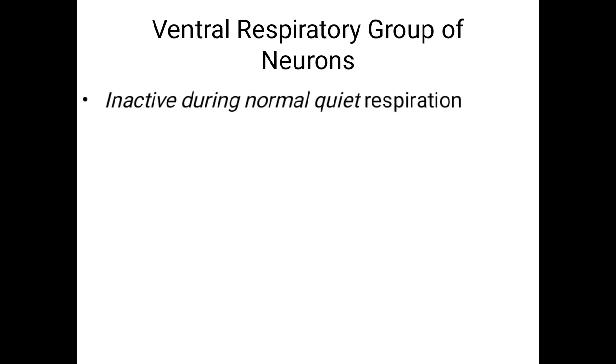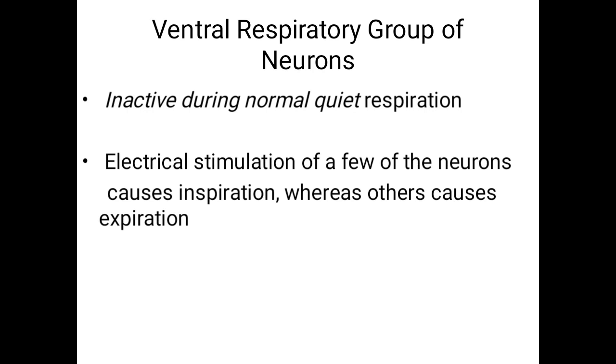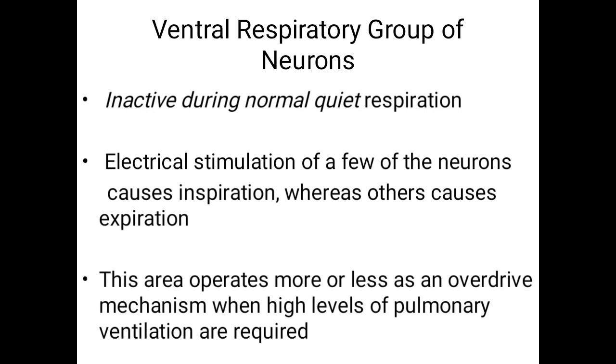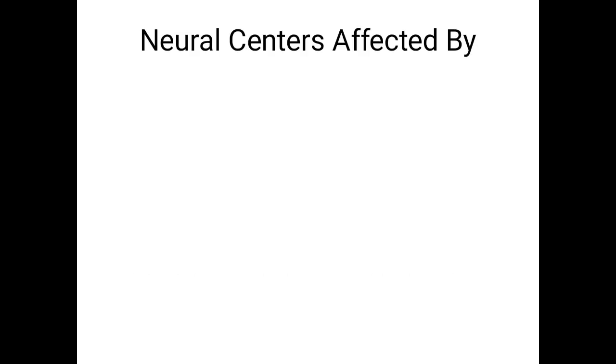They are inactive during normal quiet respiration. Electrical stimulation of a few neurons causes inspiration, whereas others cause expiration. This area operates more or less as an overdrive mechanism when high levels of pulmonary ventilation are required. This was our discussion in the last lecture.